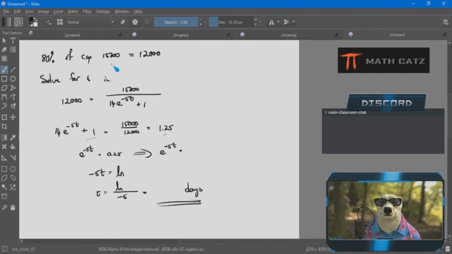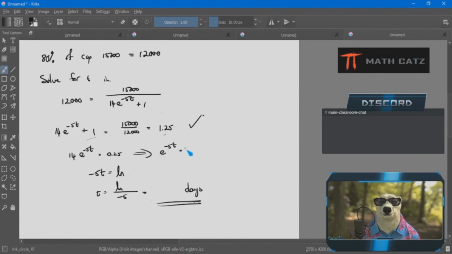When we look for 80% of the capacity, we just plug in 12,000 for y, and we have our equation. Move the denominator to the top of the other side. 12,000 comes to the bottom. 15 divided by 12 is 1.25. And so we subtract 1 on both sides for 14 e to the negative 5t equal to 0.25.